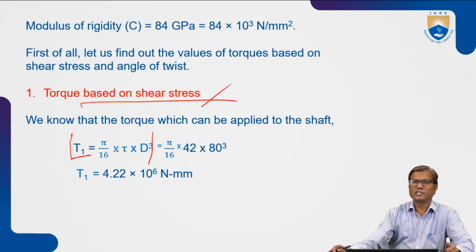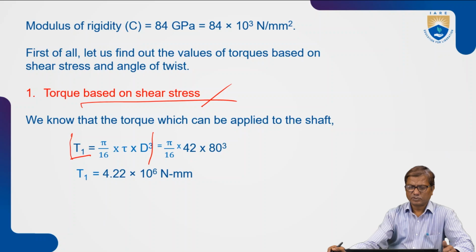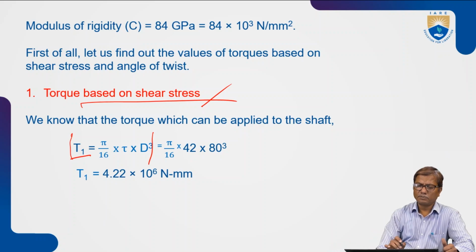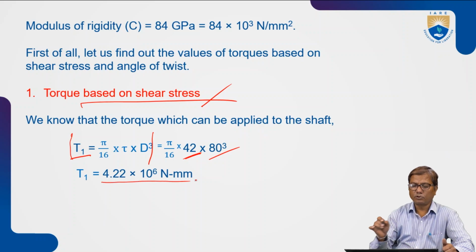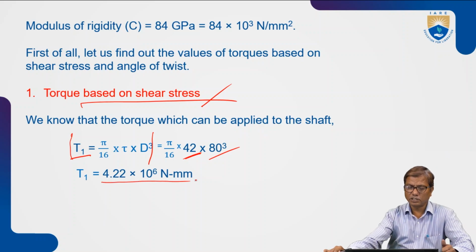We are calling this T1, the torque based on the maximum shear stress condition. That is pi by 16, shear stress is 42 and diameter 80, which comes out to be 4.22 into 10 power 6 Newton millimeters.